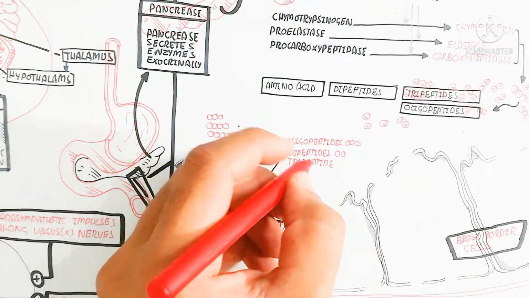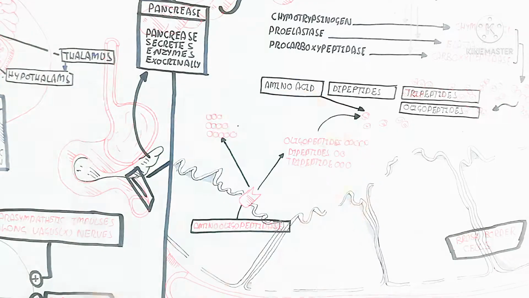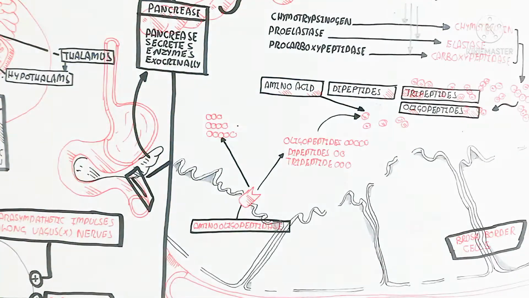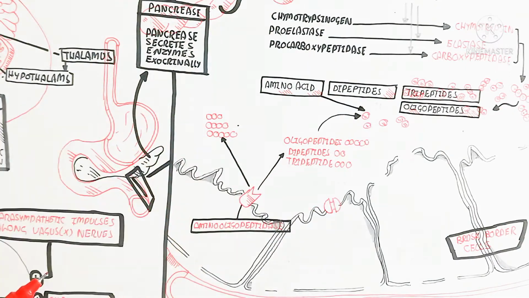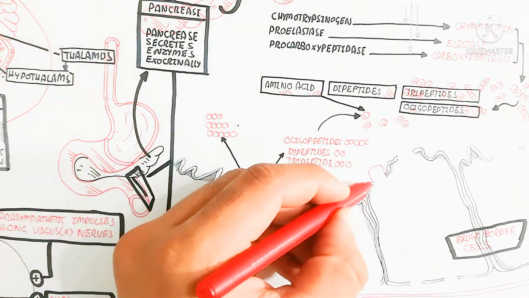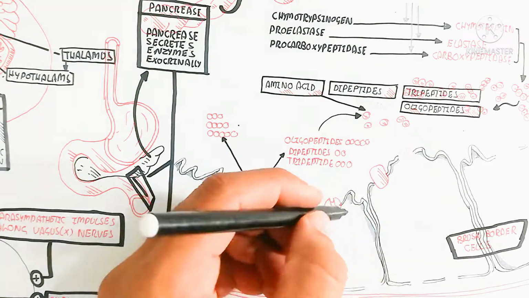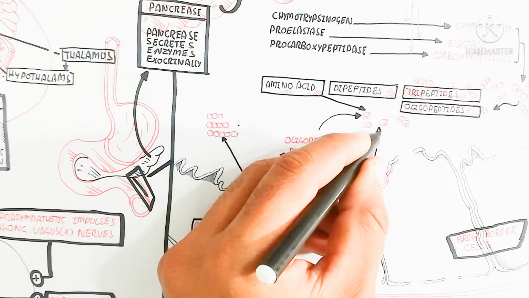In this diagram you can see this produces the amino acids, dipeptides and tripeptides. These dipeptides and tripeptides are further digested through other enzymes, the dipeptidase and tripeptidase, which are all present in the enterocytes. Here I am not drawing that enzyme, but you can understand it as well.